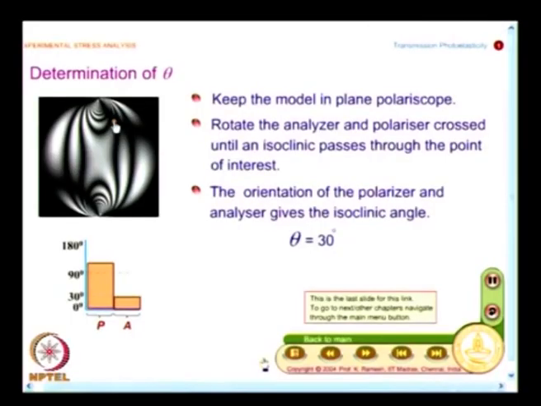And you will also have to keep in mind, when you are looking at the compensation technique, when I do the compensation, which fringe order has moved and filled the point of interest. I am telling you in advance, so that when the animation comes, you observe these subtle points. First thing is, it is applicable only to the point of interest.